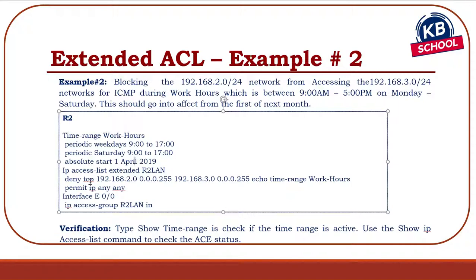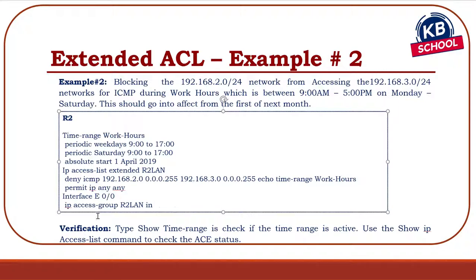What I also need to fix over here is this. Deny ICMP 2 to 3, echo, because I wanted to block ICMP, not telnet. Permit ip any, the rest of it is all good.